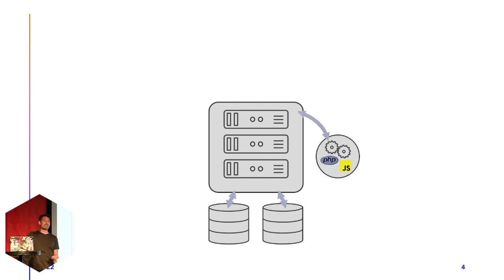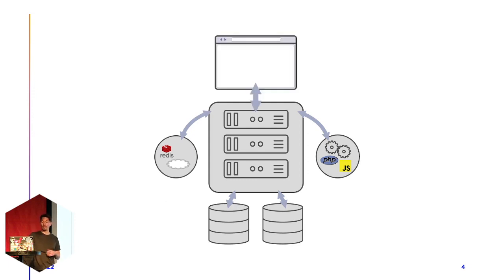We're going to, of course, need some app logic. And this will be written in some server-side language like PHP or JavaScript or anything else you like, really. And then maybe we've got some caching layer. Maybe we've got some integration with cloud services. Finally, we need to deliver the experience to the end user, and that's done through the browser.